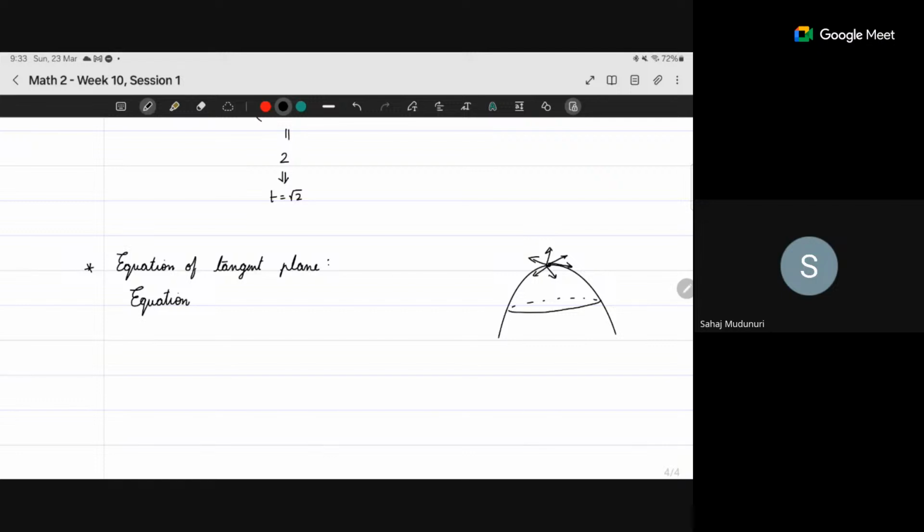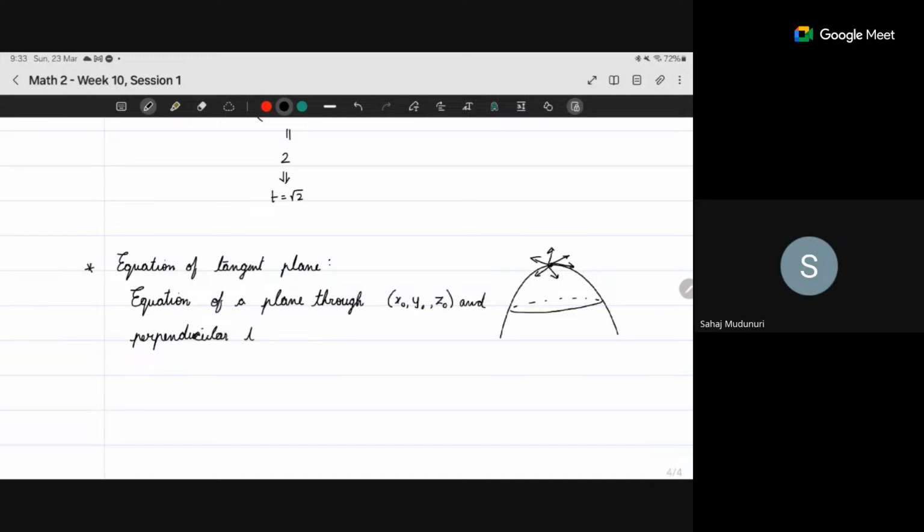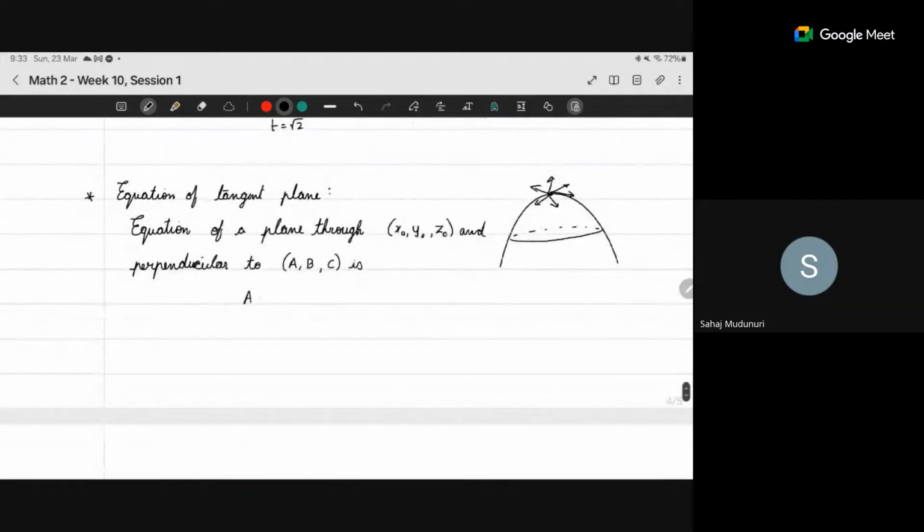And you can check this. This is a coordinate geometry result: the equation of a plane through x naught, y naught, z naught, and perpendicular to (a, b, c) is a times (x minus x naught) plus b times (y minus y naught) plus c times (z minus z naught) is equal to 0.